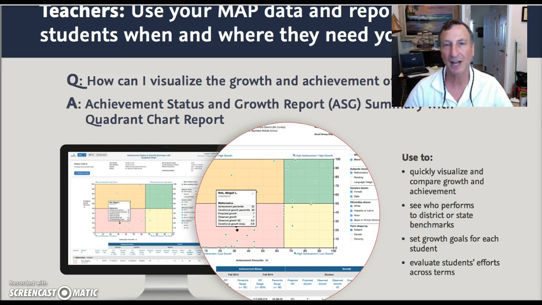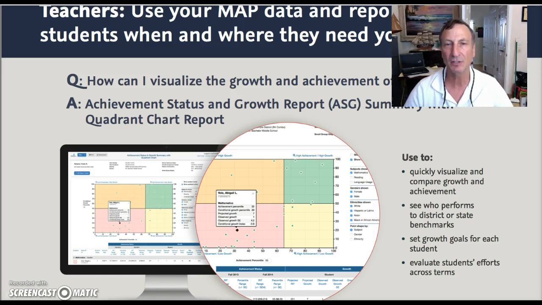Each of the individual dots that you see represented here are individual students. When you scroll over each individual student with your mouse, this software will allow you to see what the students' scores are individually. And then you see the students individually plotted on this 4 quadrant. And the idea here is we want to see students grow and improve.